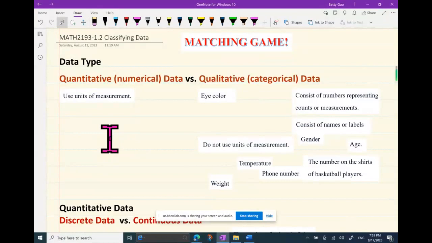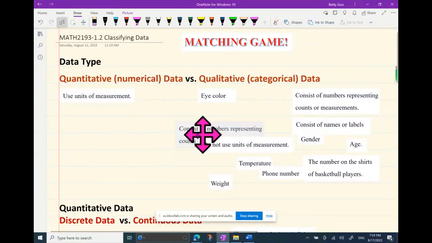When you measure people's weight, you want to point out whether it is 120 pounds or 120 kilograms. It's very important. Without those units of measurement, your data will not be meaningful and will be very misleading.